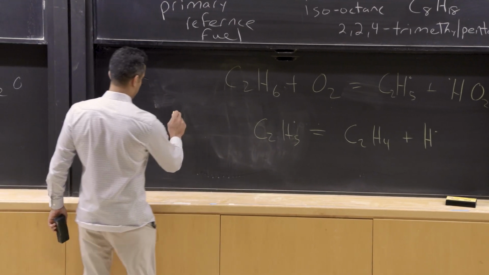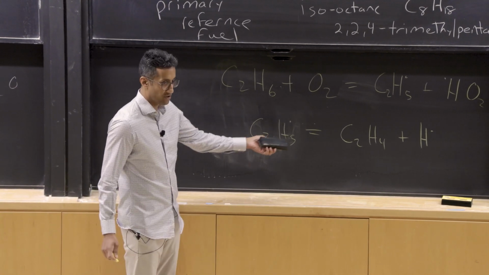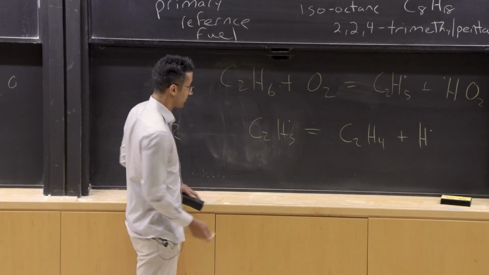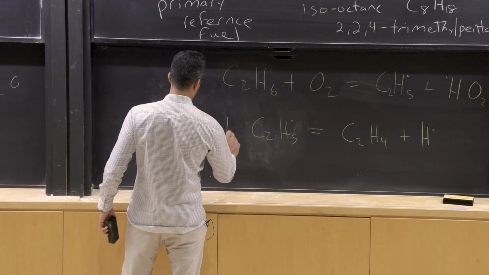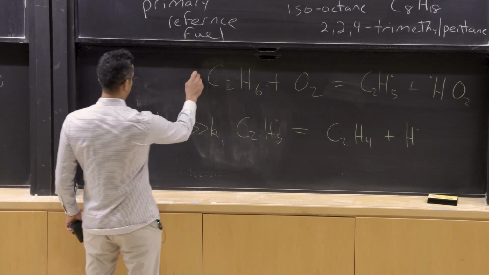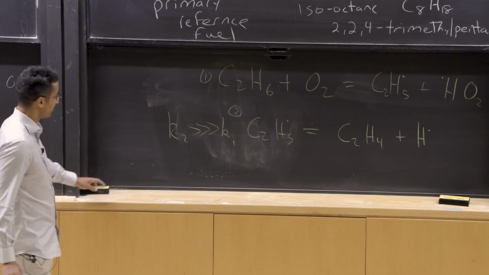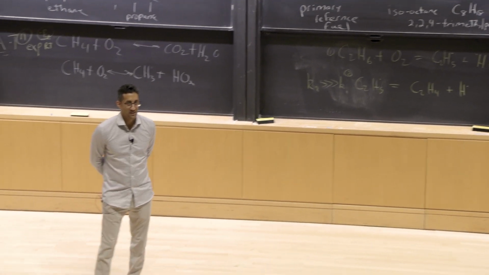This is like a barrierless reaction almost, very low barrier of energy required for a radical to decompose because it's so unstable. So here K2 is maybe 1,000 times larger than K1, if this is 1 and 2. So then the species B, the radicals, are essentially at steady state.